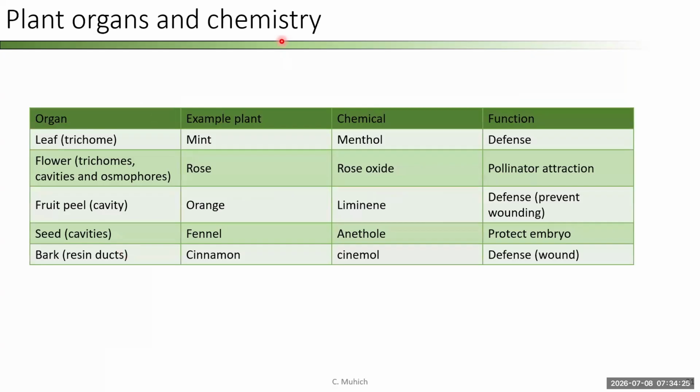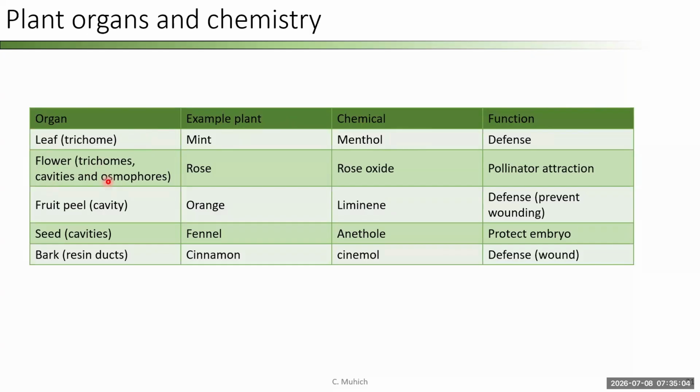Okay, so if we sort of pull all of these together, we can look at different organs, what the chemicals are and what their functions are. So we have, for example, leaves, which generally we want because they contain trichomes. An example being mint again, where we want the menthol, and its function is for defense. The flower organs are going to contain both trichomes and cavities.